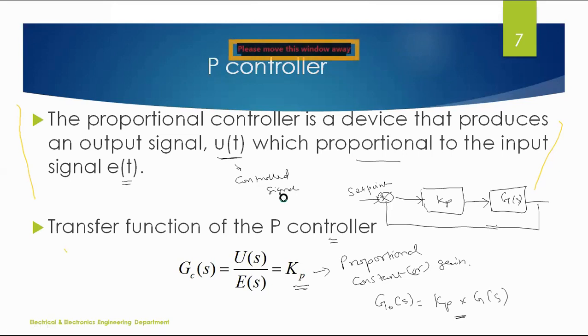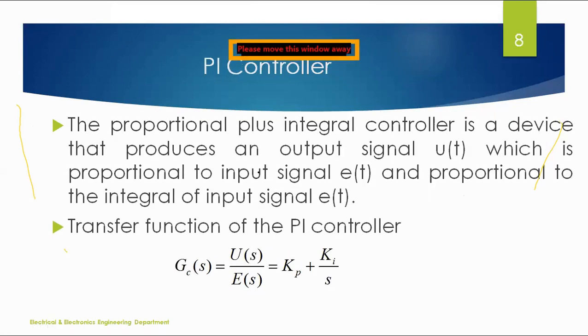Next, the proportional integral controller. The device produces an output signal u(t) that is proportional to the input signal e(t) and proportional to the integral of the input signal, that is, the integral of e(t). So u(t) equals Kp e(t) plus Ki integral of e(t).